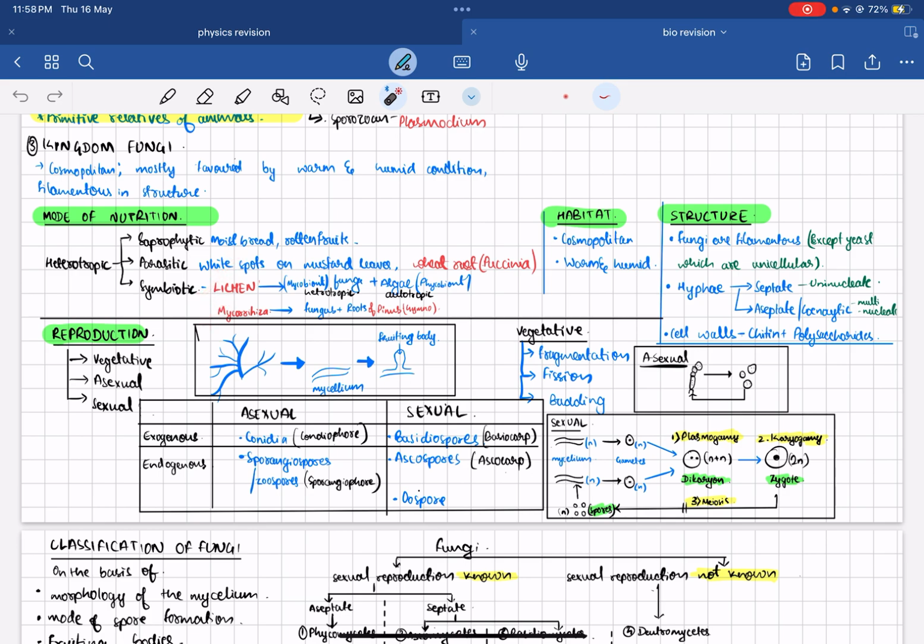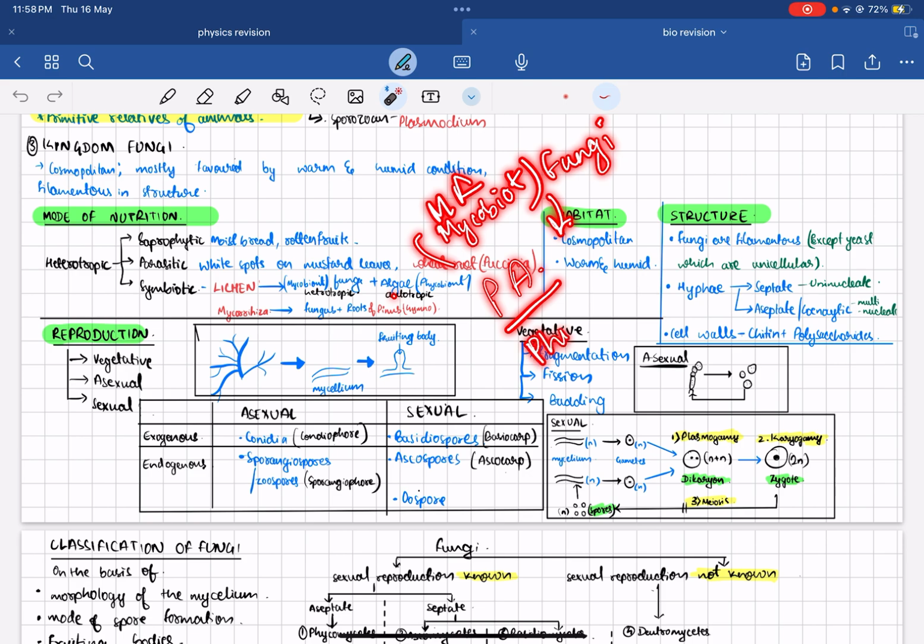Lichen is fungi plus algae. We can remember it as MF, which is mycobiont, the fungi, and the other vice versa. We can remember PA, personal assistant, that is phycobiont, the algae.